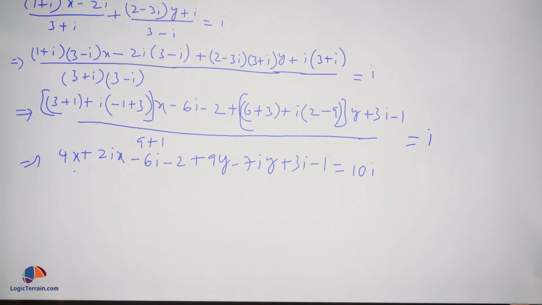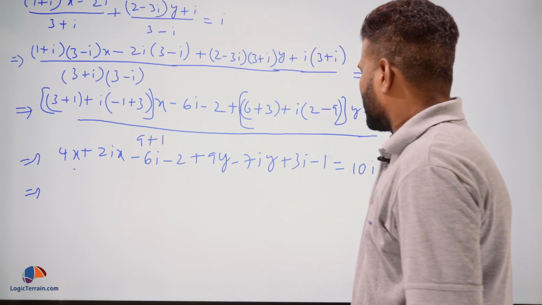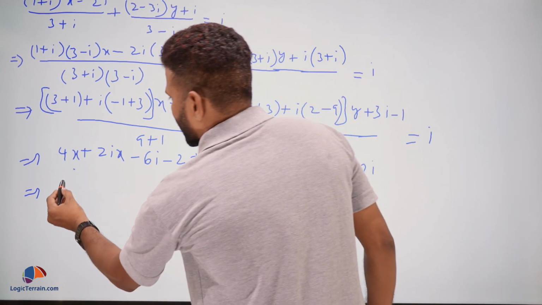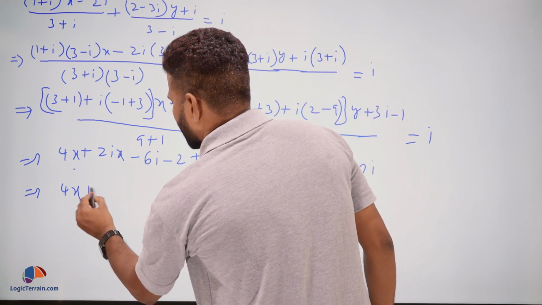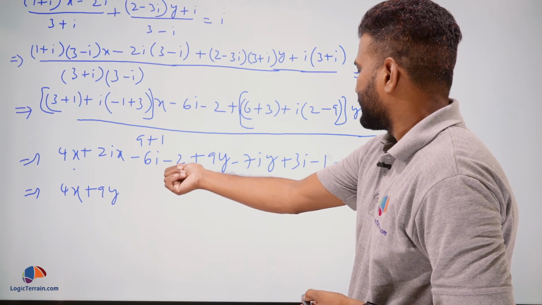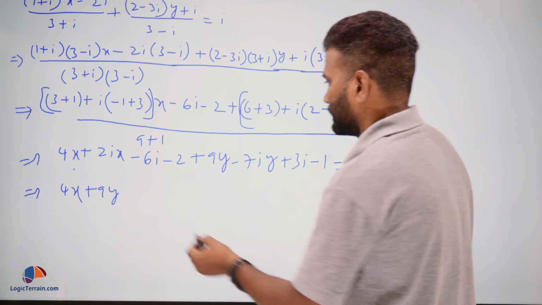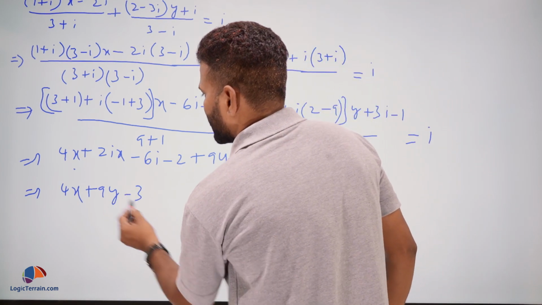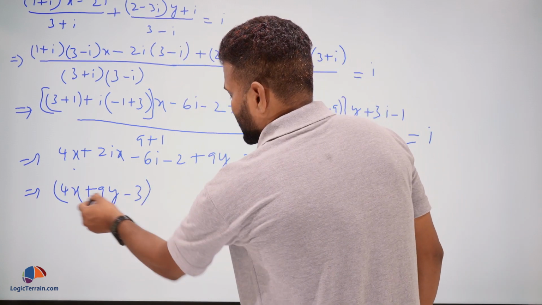Further, we'll add up 4x plus 9y, and that is negative 2, negative 1, negative 3. These all are without i terms, meaning real parts.